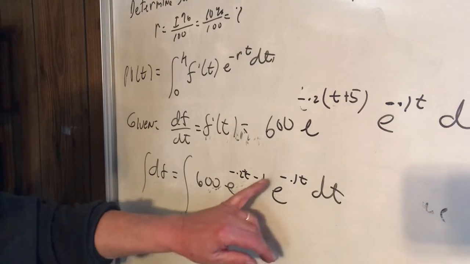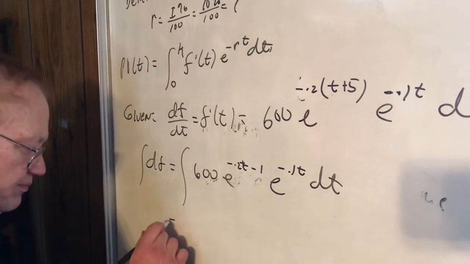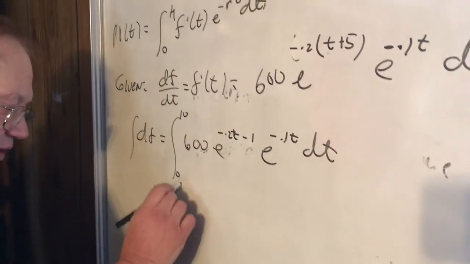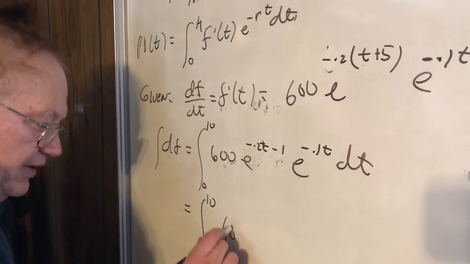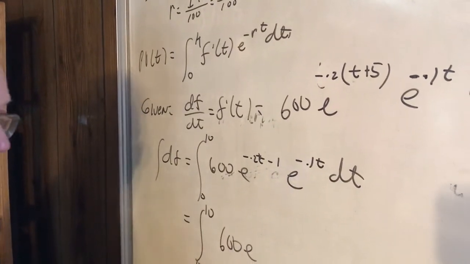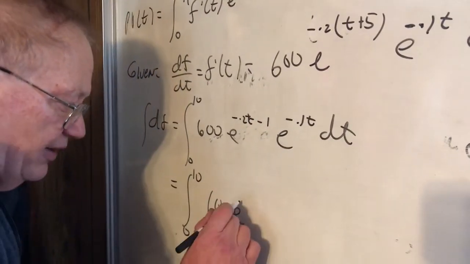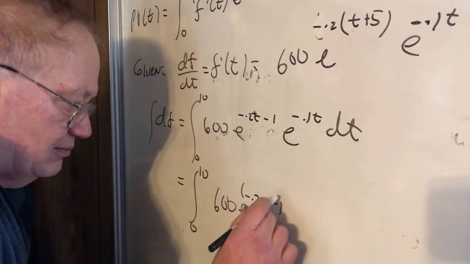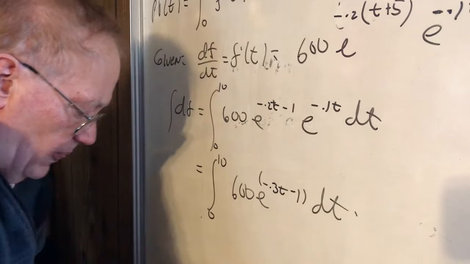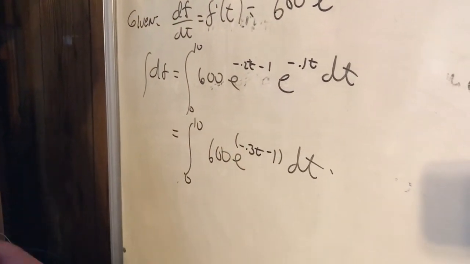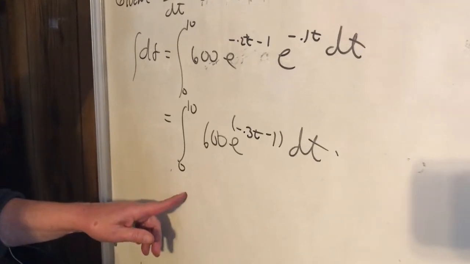I can add these two exponents, correct? This is going to be between 0 and 10: the integral of 600 e to the minus 0.2 t minus 0.1 t, which is minus 0.3 t minus 1, dt.